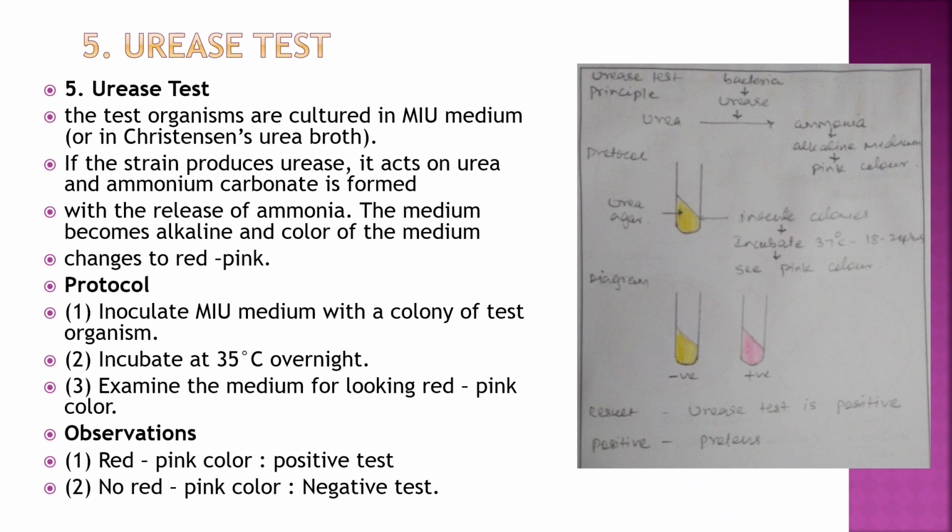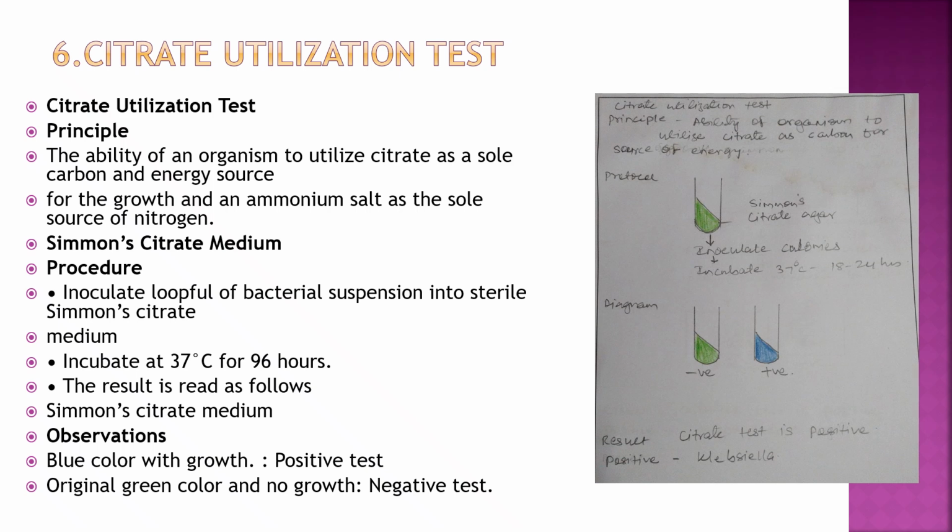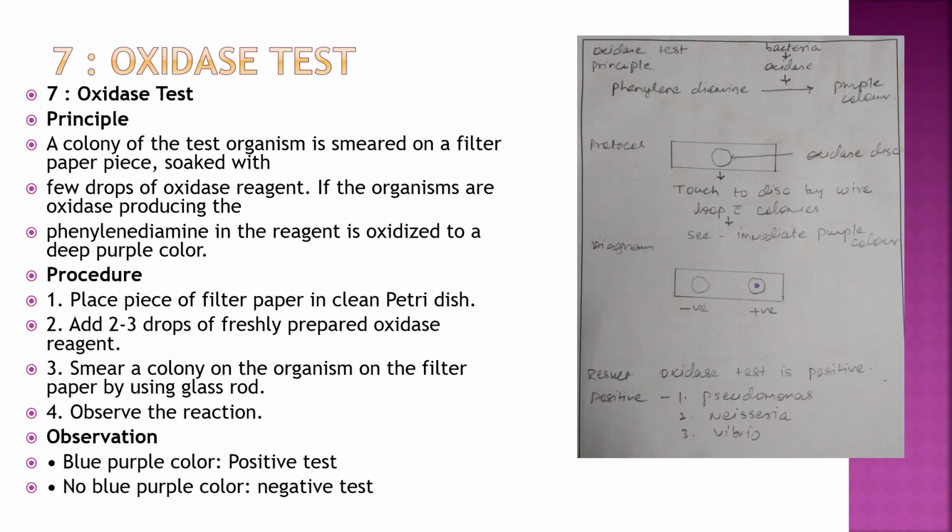Citrate test: the green slant is converted into dark blue color, that is seen in Klebsiella. Then oxidase test: it is the purple discoloration, that is seen in Pseudomonas, Neisseria, Vibrio.